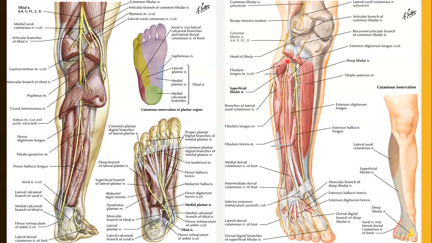The nerve then divides into the superficial and deep peroneal nerves. The superficial peroneal nerve enters the peroneal compartment of the leg, supplying the two muscles within the lateral compartment there, before it emerges as a cutaneous nerve supplying the dorsum of the foot.